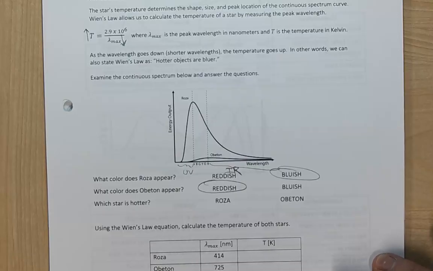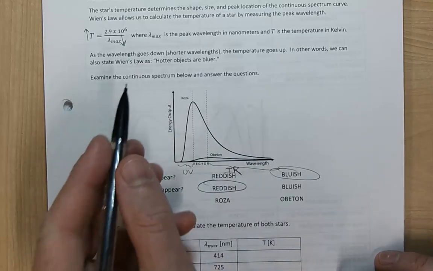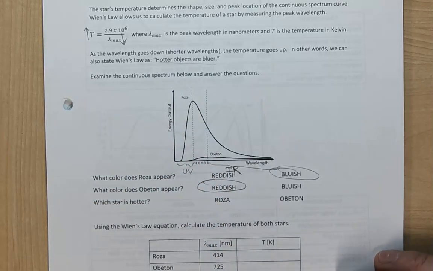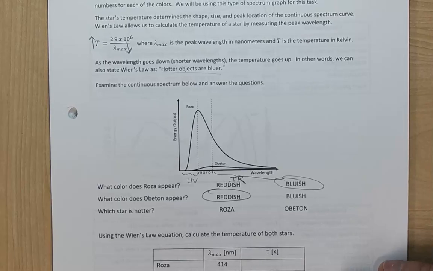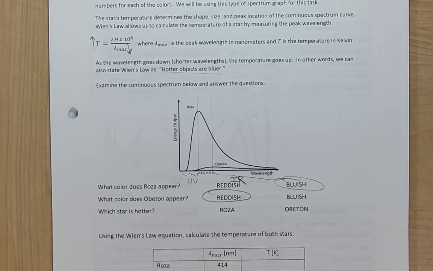Shorter wavelength is bluer. So basically, that's the relationship for Wien's law, right? The hotter an object is, the bluer it is, because it's brightest in the blue part of the spectrum. And then cooler objects are redder because they are brightest in the red part of the spectrum. So, which star is hotter? Gotta be the bluer one.